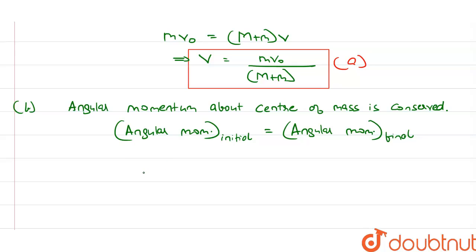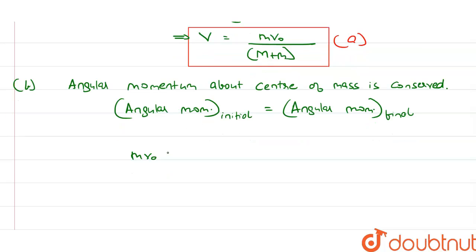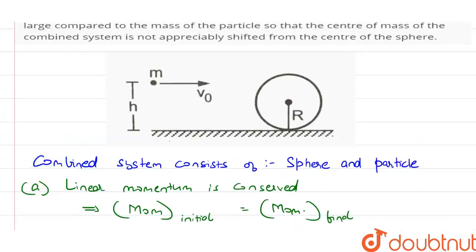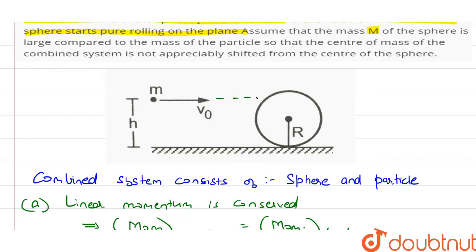The initial angular momentum is equal to small m, its velocity v0, into the perpendicular distance from the center of mass. So this is the velocity component line, and this is the value of the perpendicular distance, which is equal to h minus capital R.